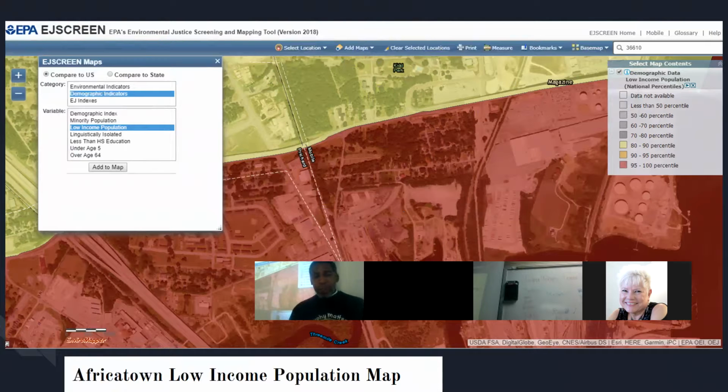And what's really powerful about EJScreen is that it takes the demographic data that we would use to determine whether or not a community has the characteristics of an environmental justice community, and it combines that with the actual pollution release and pollution exposure data that we would get from the Toxic Release Inventory site and others.